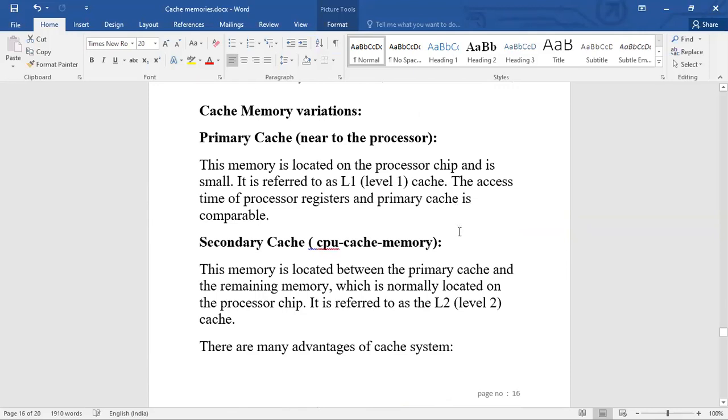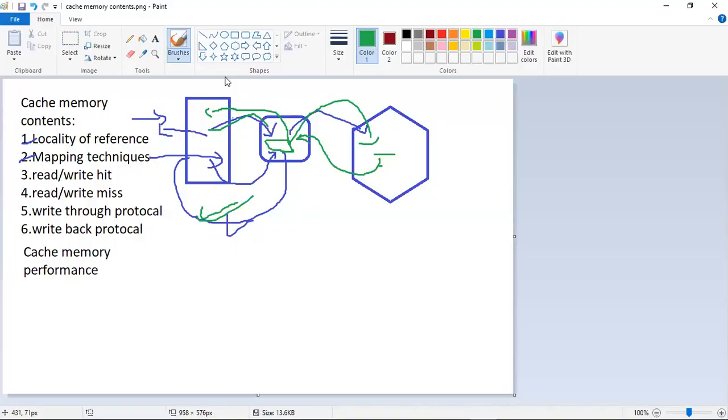And cache variations. Here cache is of two types. This is one CPU. Within the CPU, we have a processor, right?